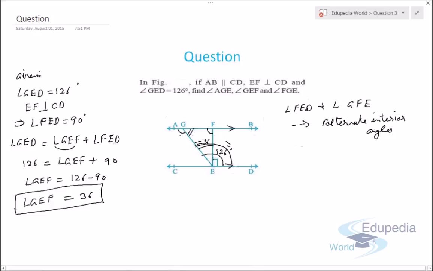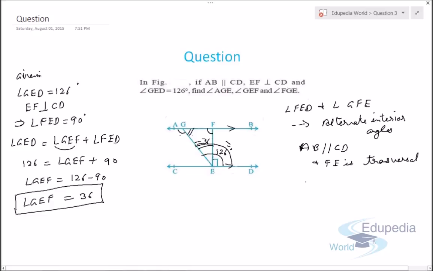Why? Because AB is parallel to CD and FE is a transversal, right? You can see very clearly.